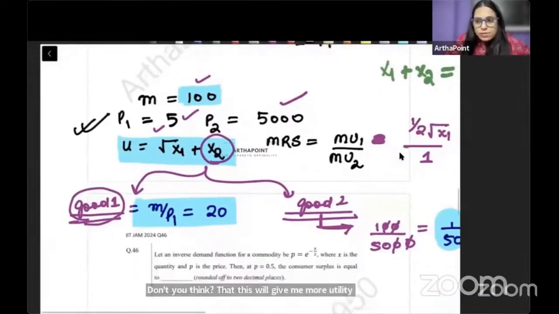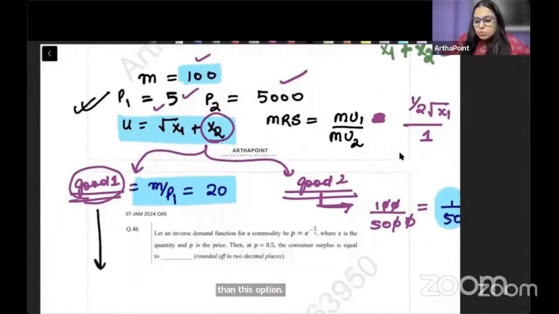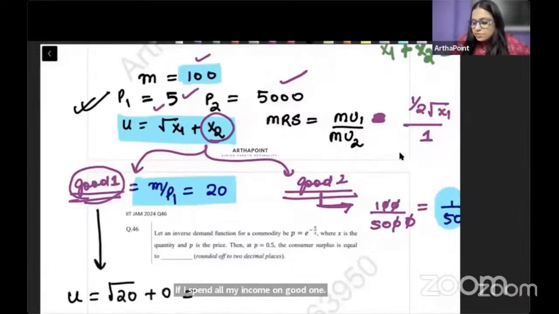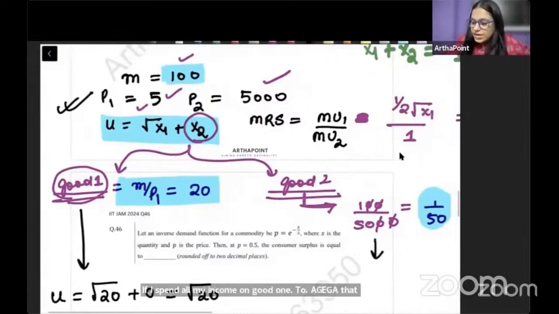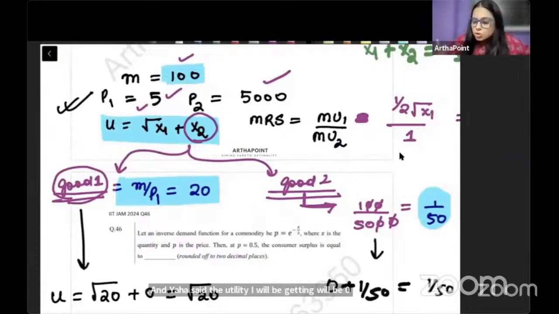If I spend all my income on good 1, my utility will be root 20 plus 0, that means root 20. And from the other option, the utility I will get will be 0 plus 1 by 50, which means 1 by 50. So I will get more utility in this case.